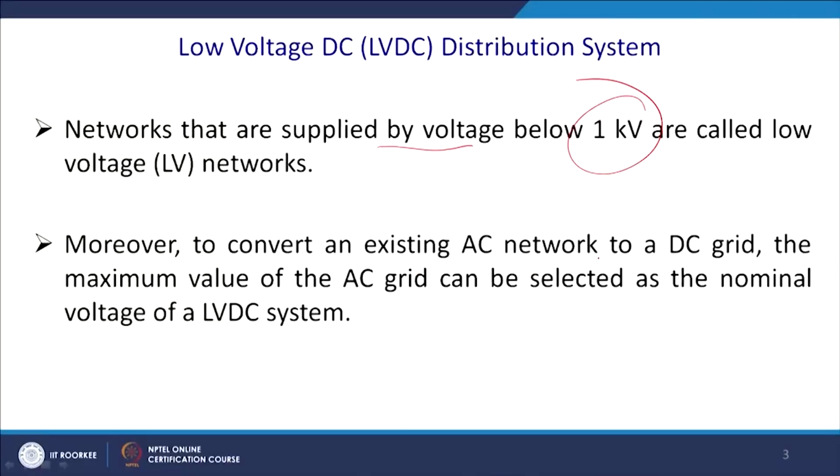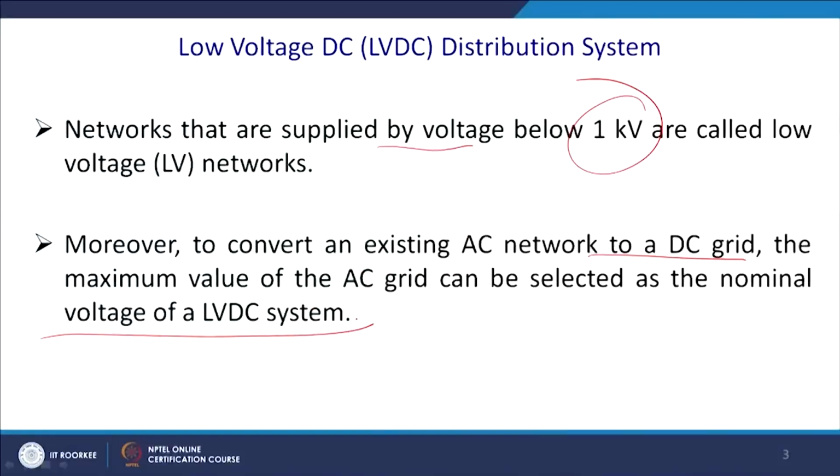Moreover, to convert the existing AC network to a DC grid, the maximum value of the AC grid can be selected as the nominal voltage of the HVDC system. That has a huge advantage.